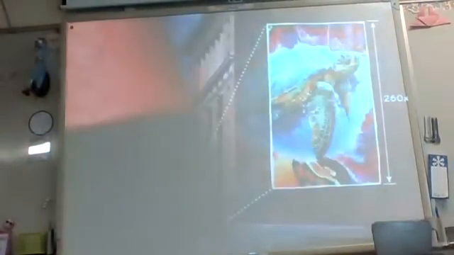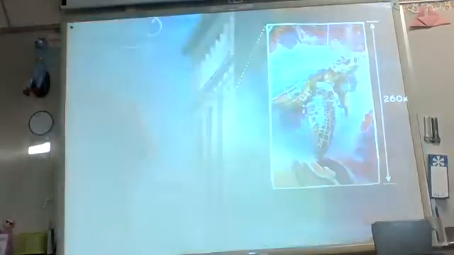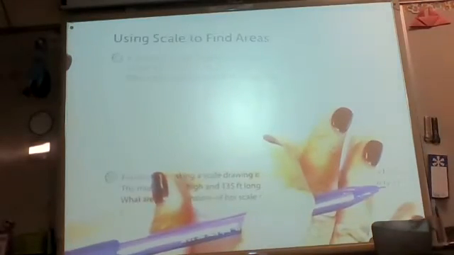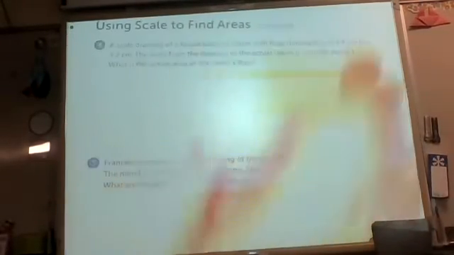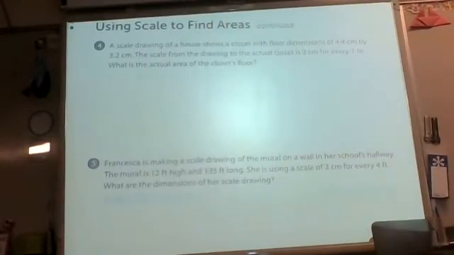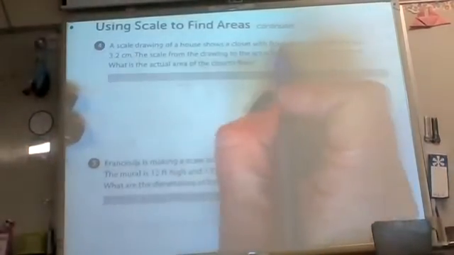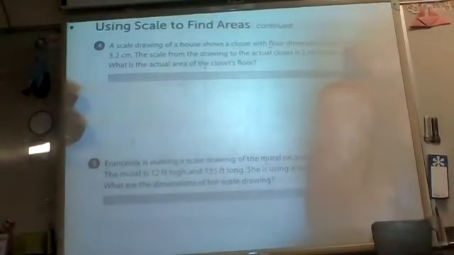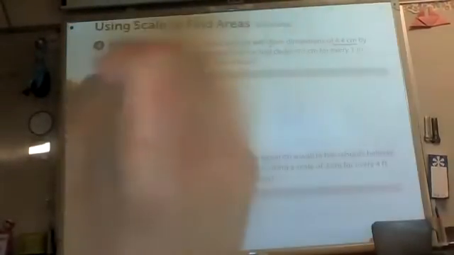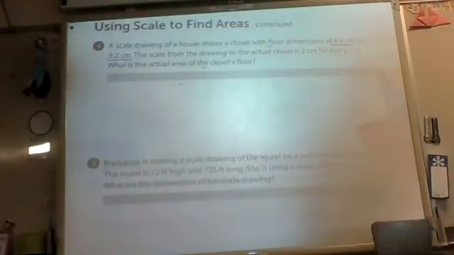The last one in this section is number 4. Okay, we'll see how much time we have after this. So here's what this says. A scale drawing of a house shows a closet with dimensions of 4.4 centimeters by 3.2 centimeters.